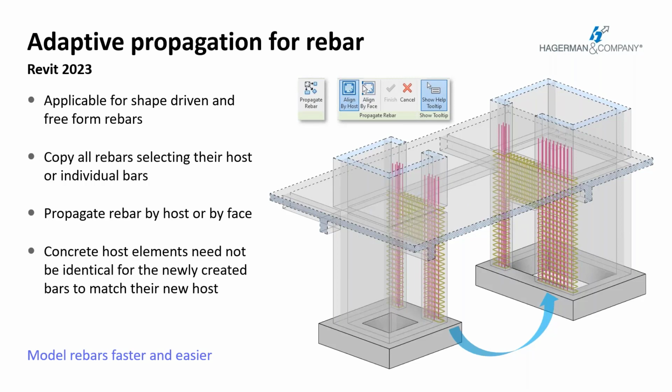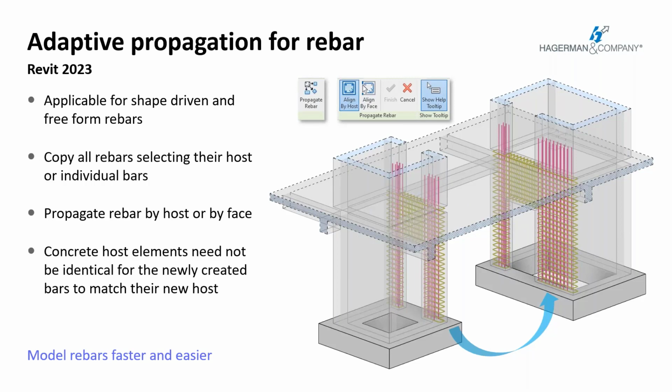Now, when modeling complex structures such as a civil infrastructure or curved buildings, you might use free-form rebars instead of shape-driven rebars. Free-form rebars may be placed in virtually any concrete host.